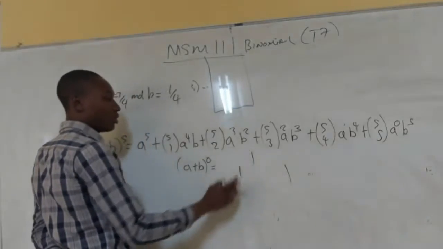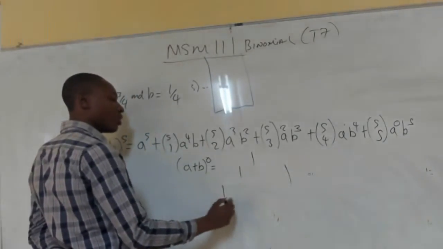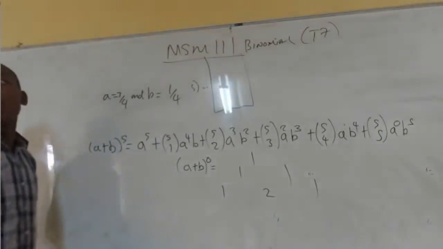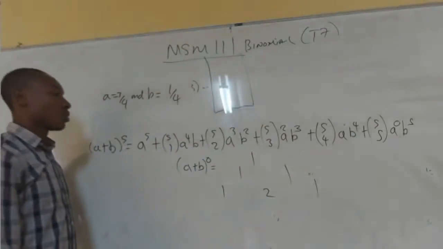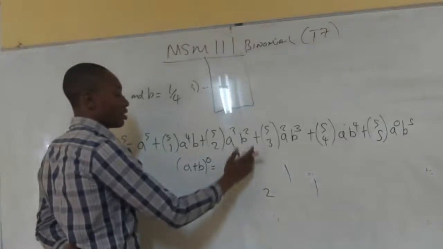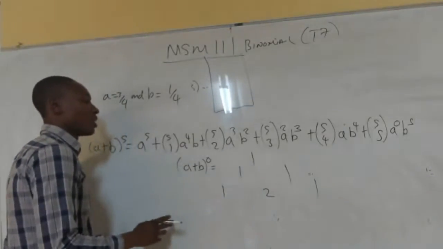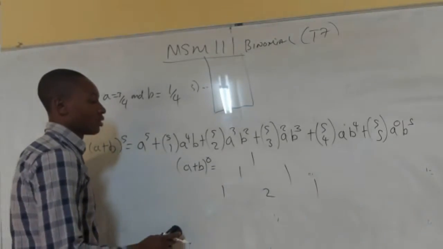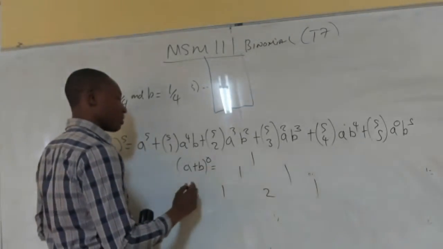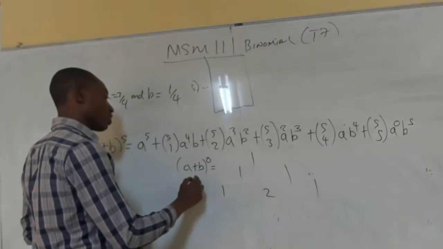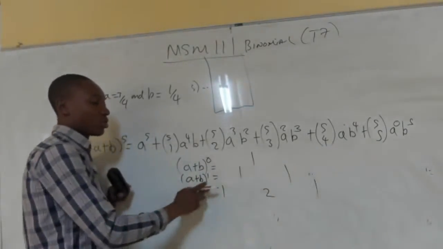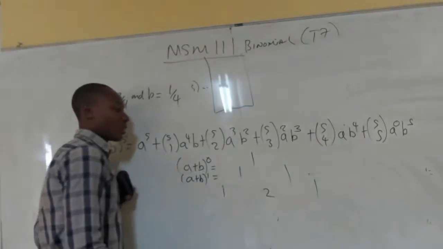So using Pascal's triangle, what you simply do is you say the first one is always 1. So a plus b to the power 0 is 1. Okay. a plus b to the power 1 is actually a plus b. So that's 1, 1.